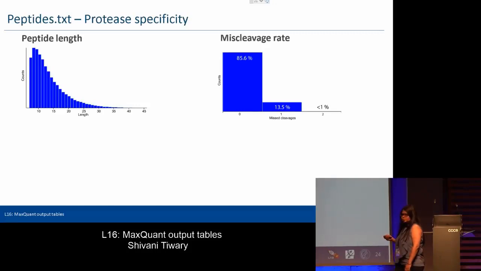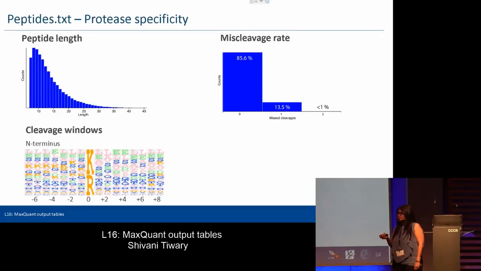Another use case would be to know the miscleavage rate. So here you can see you have 0 miscleavages. That means your protein is cleaved well. And you can also get the cleavage window so that you know which protease this is and whether it's working fine or not. So here we see it's tryptic.